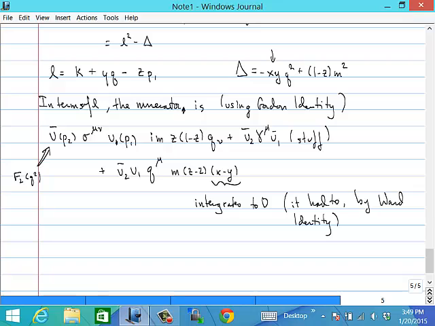So let me just put this all together for you. So we conclude that F2 of q squared, well, what do we have? In the definition of F2 of q squared, there was a factor of e over 2m. So this is just some factor that was part of our definition of F2.